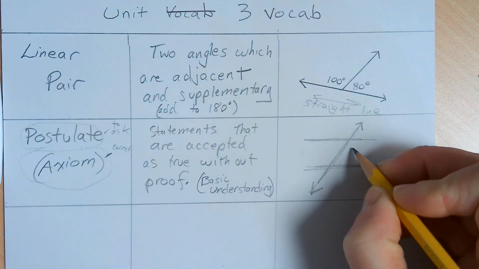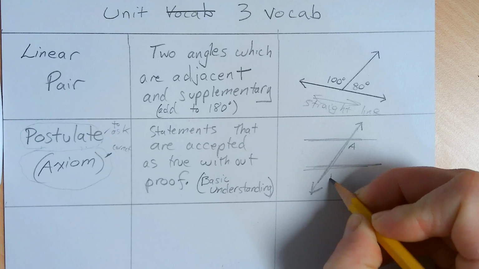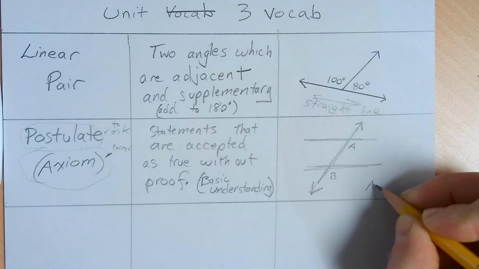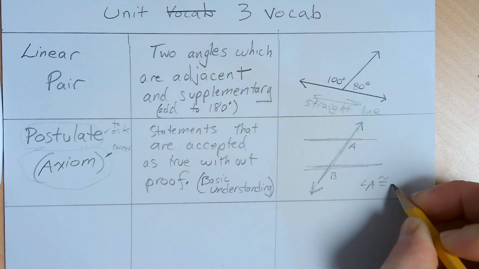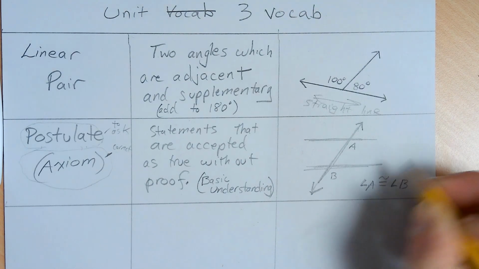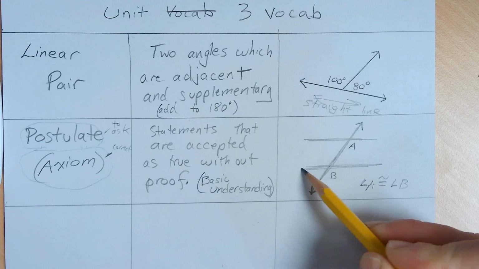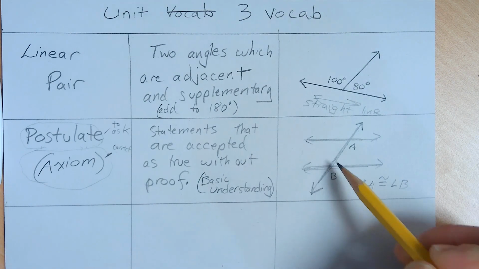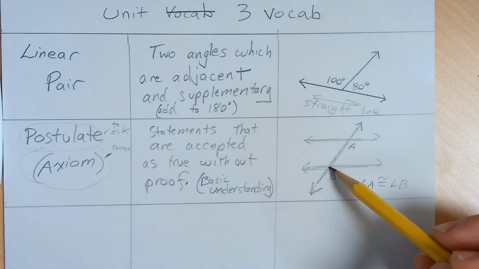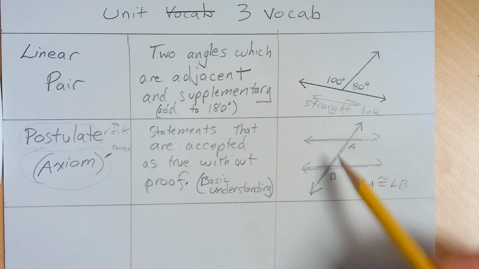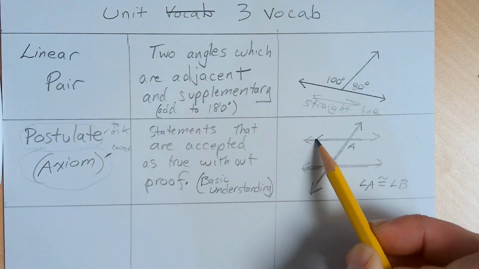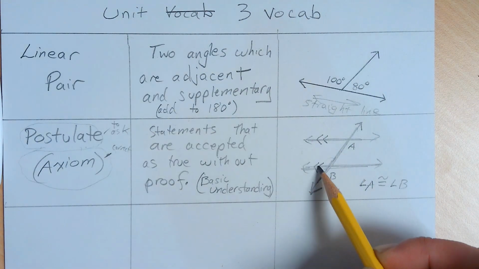That angle A is congruent to angle B. I can't prove that to you, but you could believe it, especially because if we use translation and we translate this intersection up to this intersection, you'll see that A and B overlap exactly. By the way, these have to be parallel for this to work, right?